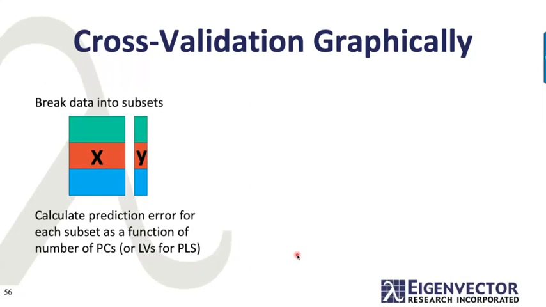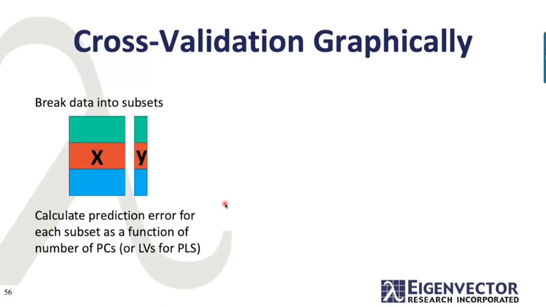Graphically, cross-validation looks like this. Imagine that we just broke our data set into 3 subsets. So here I've got my X and my Y, my spectra and my concentrations, and I break this data set up into 3 parts.